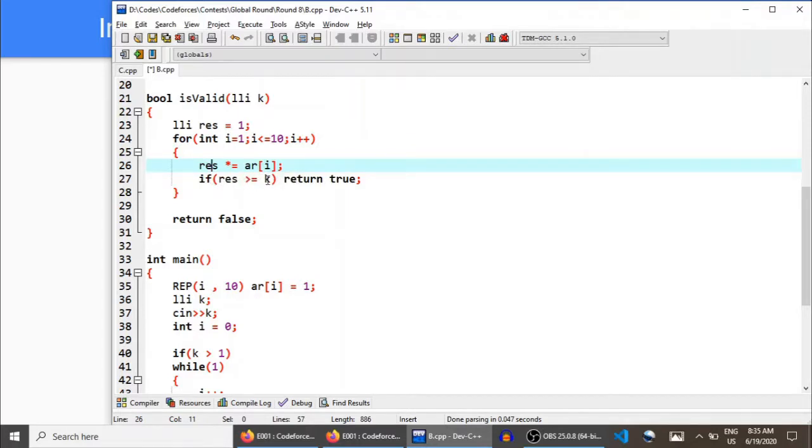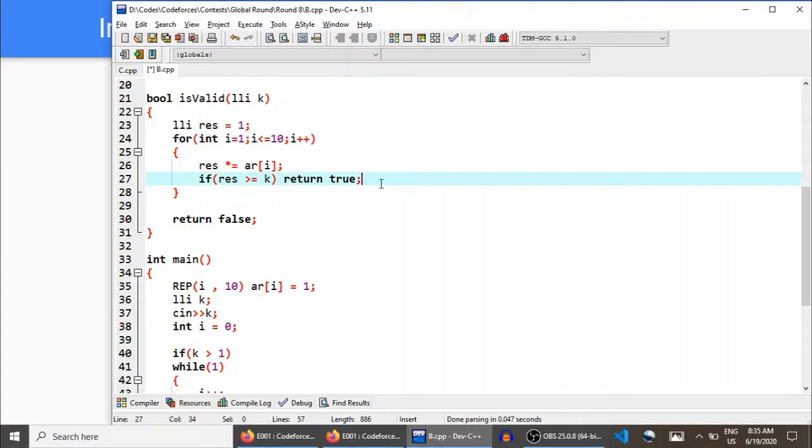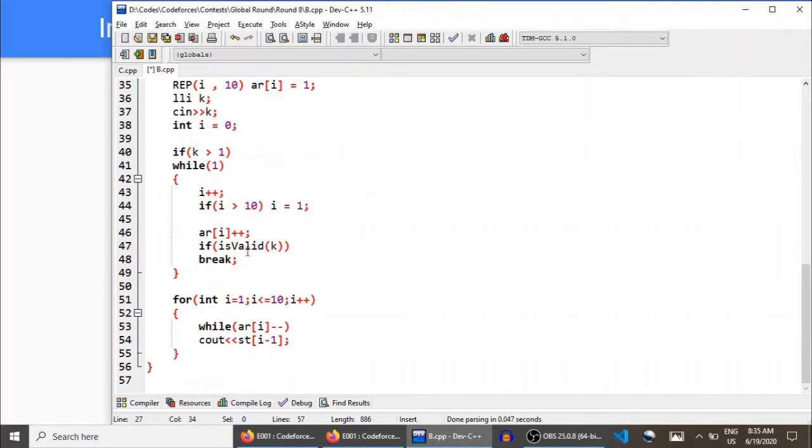If result is greater than or equal to k, then we will return true, indicating that yep, the total number of subsequences now formed is greater than or equal to k, and we can stop. If it returns true, we will break, basically stop, otherwise we will continue. So we'll keep doing it until the total number of subsequences is greater than or equal to k.